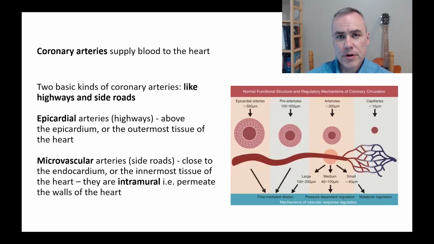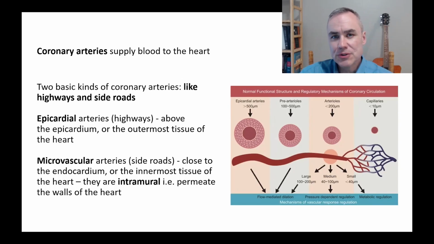When we're talking about coronary arteries, coronary means related to the heart, supplying blood to the heart. But there are two kinds, and it's often taught as highways and side roads. The big coronary arteries, which are usually the ones that myocardial bridges are identified on, are the highways. Those are the epicardial arteries. Epi means outside, and cardio means heart, so epicardial means outside the heart, because epicardial arteries are supposed to be outside the heart.